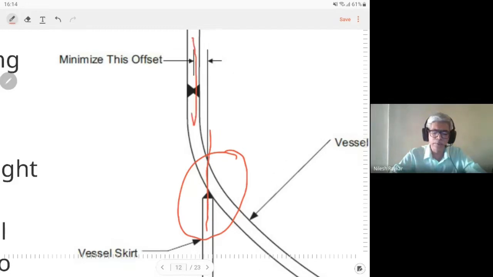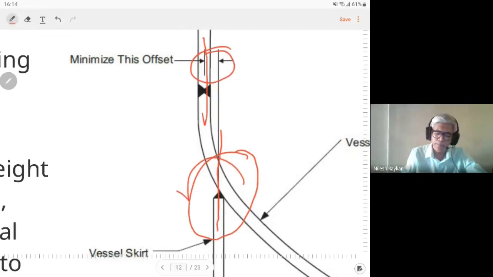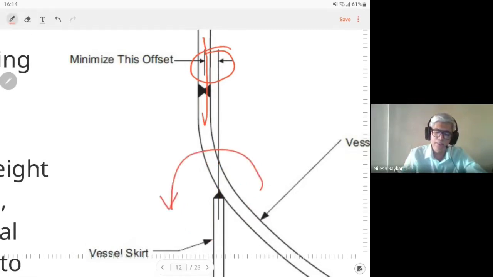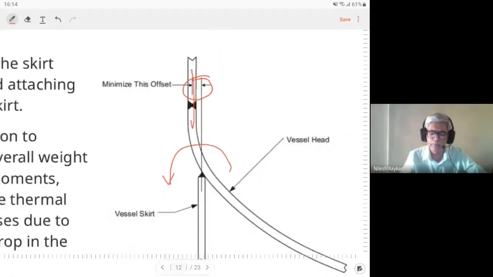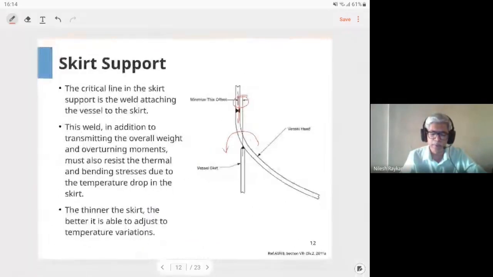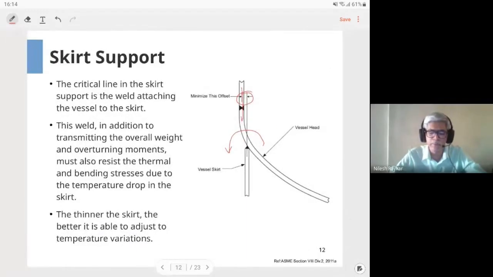This offset, if it is high, causes a circumferential bending moment. So if this offset is very high, you will get a bending moment at this particular region, because of which the skirt thickness will be more than what you would require otherwise. So as far as possible, the skirt mean radius is matched with the vessel mean radius so that the load transfer is with a minimal moment component.